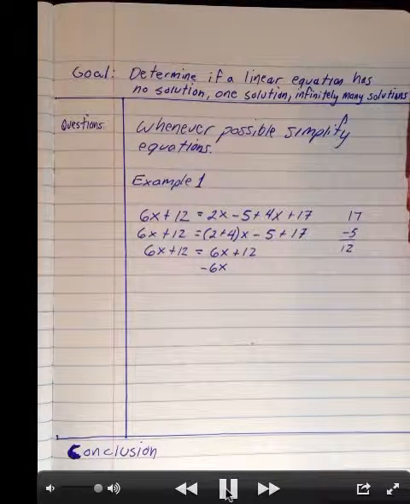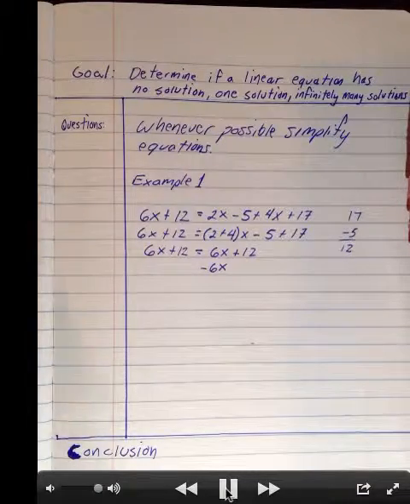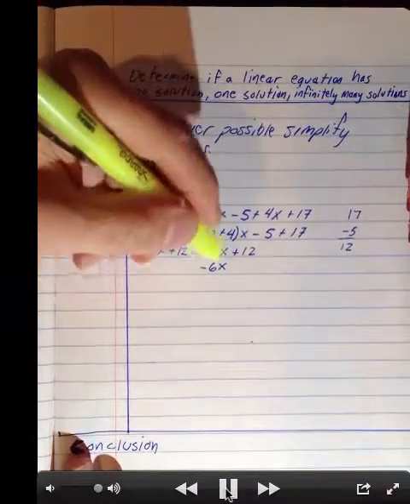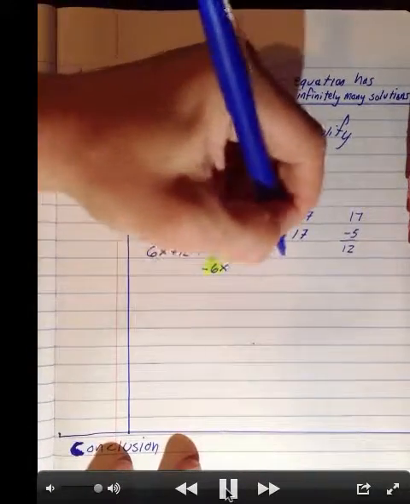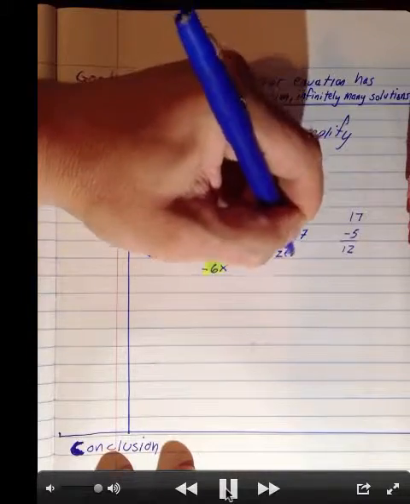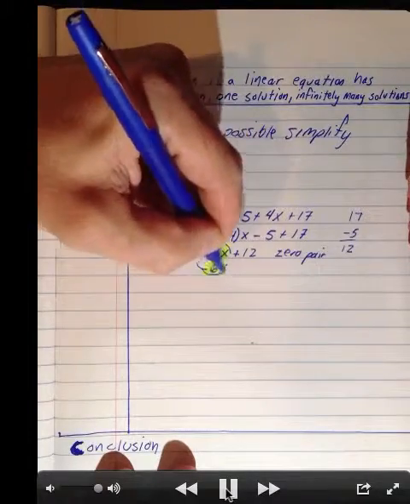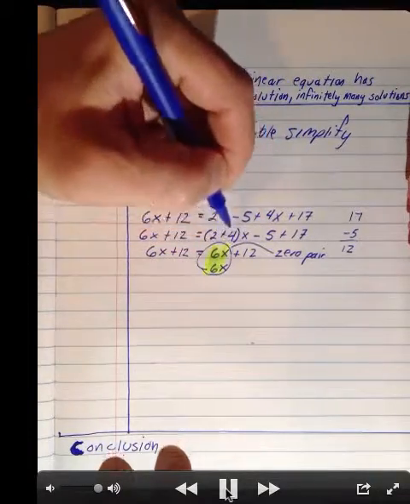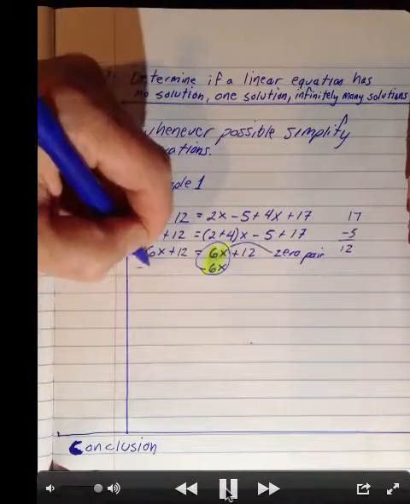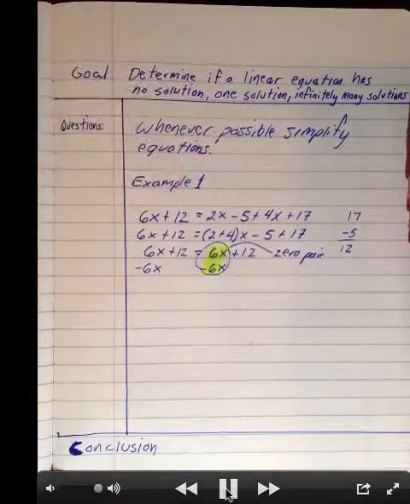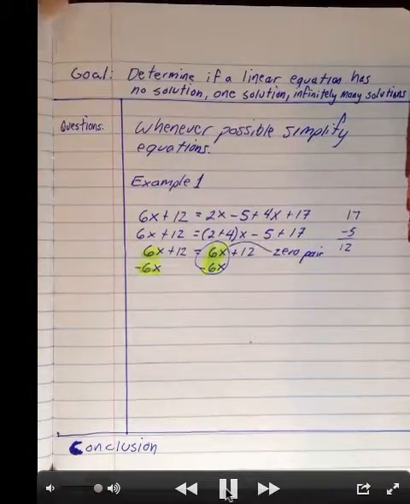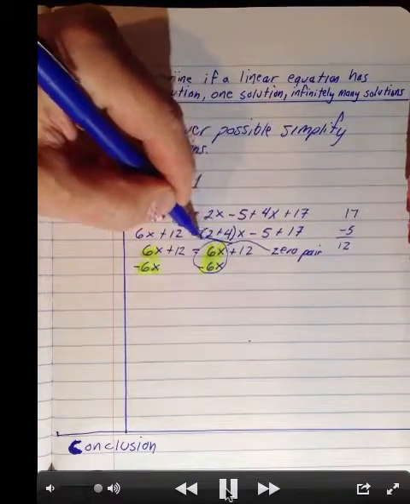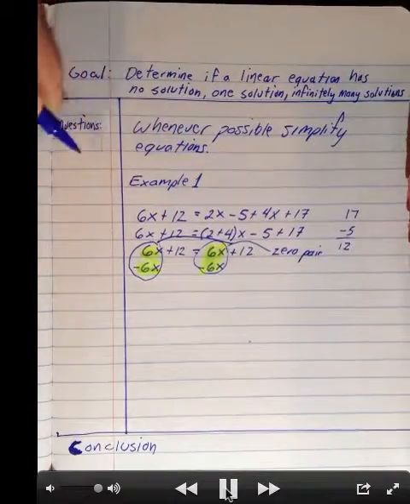And whatever you do on one side of an equation, you do the same thing on the other side. So I'm going to highlight my zero pair. 6x minus 6x is 0. I end up with a zero pair on both sides of the equation, so they can both be eliminated.